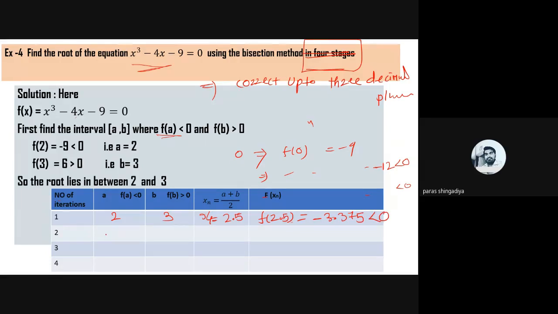Now check the second iteration. Here it will be 2.5 and here 3 as it is. Find x2 and check the function output. That will be 2.75, 2.5 plus 3 divided by 2. Now check the function output value f of 2.75.